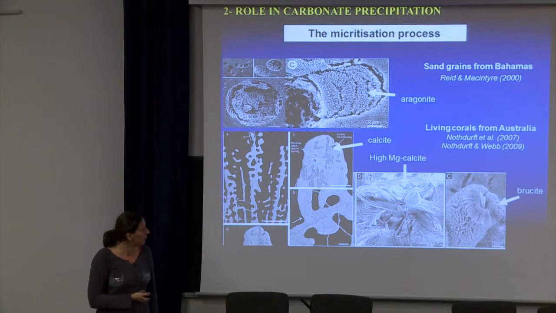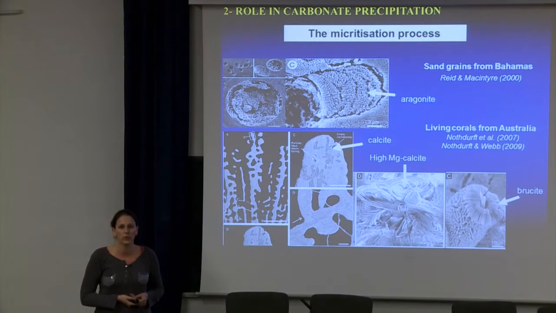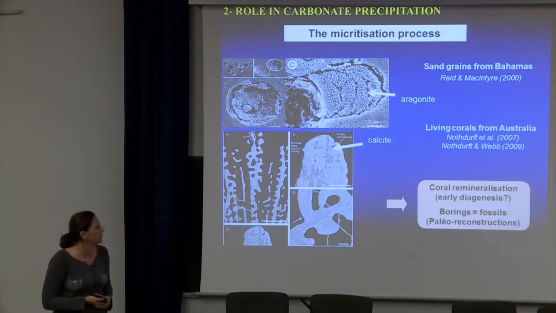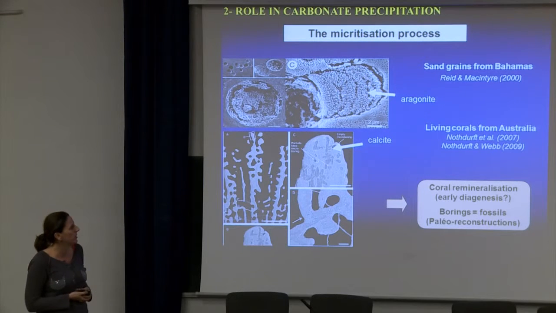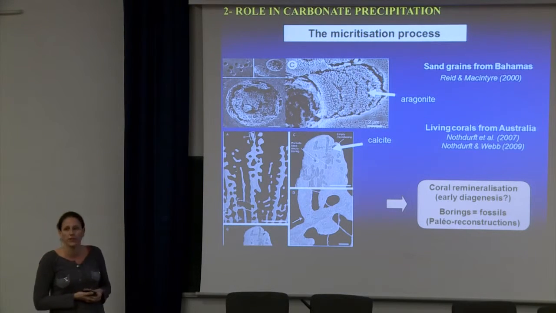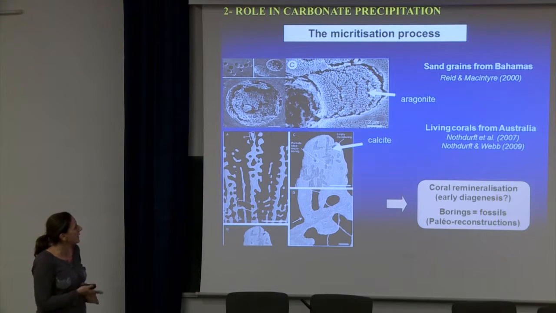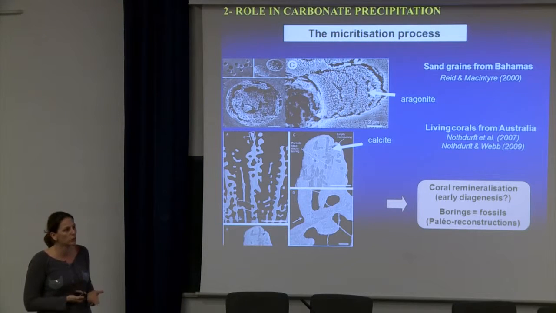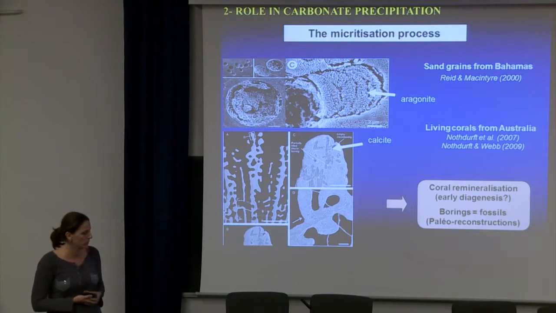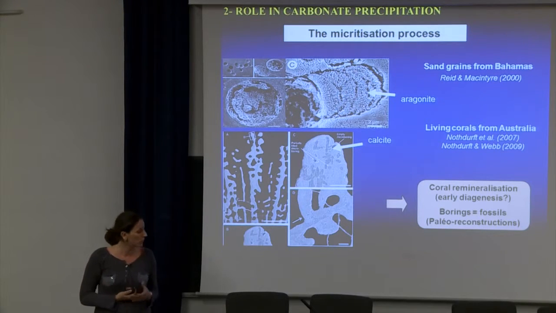Even brucite was observed precipitating around those filaments due to their metabolic activity. Here it was suggested that these organisms were playing a role in coral remineralization, probably the early diagenesis process. Their borings are also very useful as they are well preserved and can be used in paleo reconstruction, for instance reconstruction of bathymetric levels in the past.